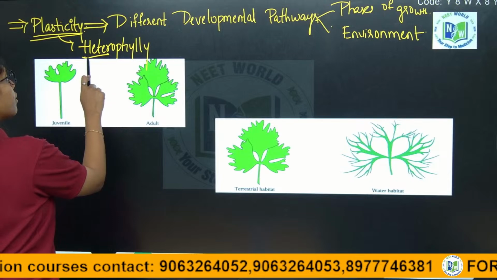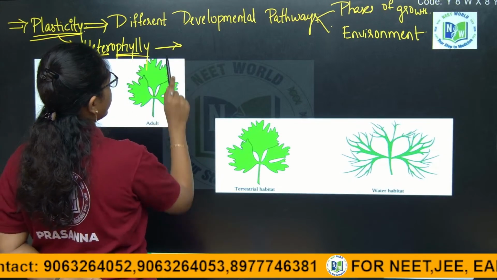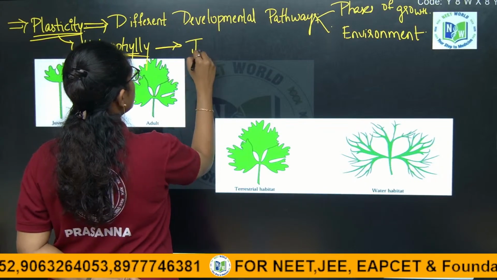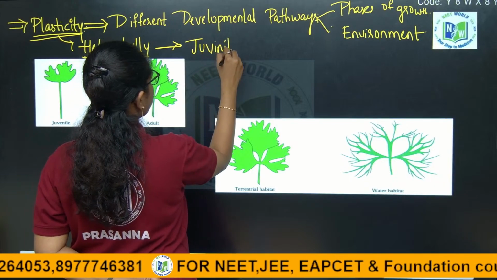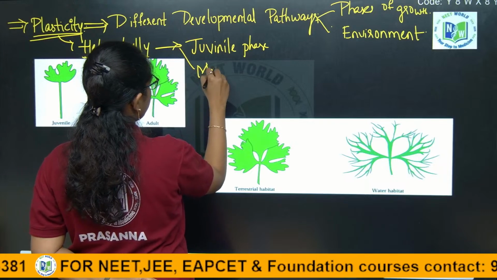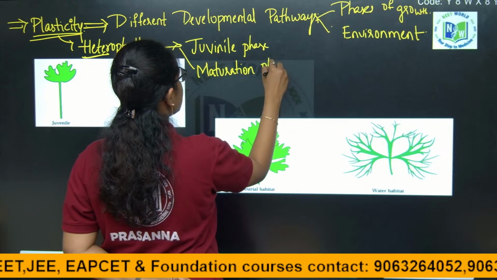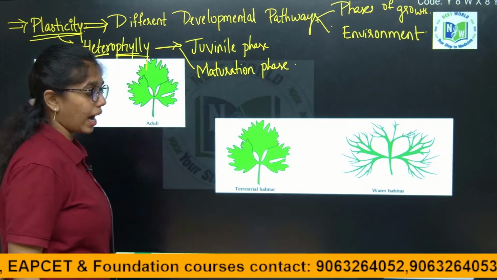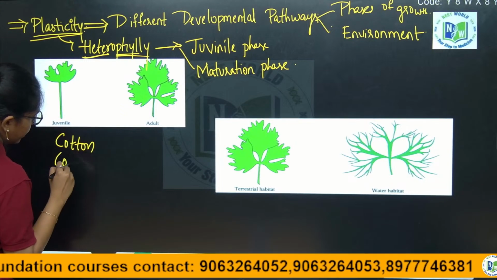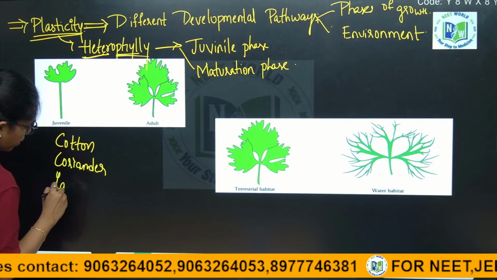Heterophylly means different shapes of leaves are observed in the same plant, one in the juvenile phase and the other in the maturation phase. Best examples for heterophylly are cotton, coriander and larkspur.